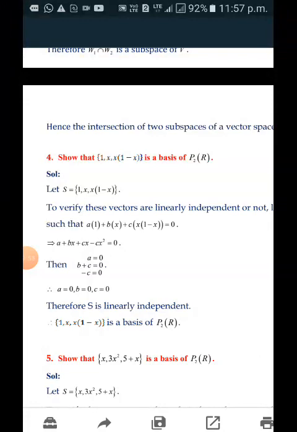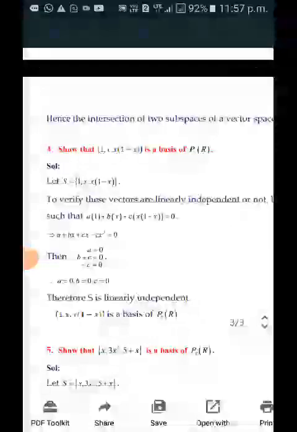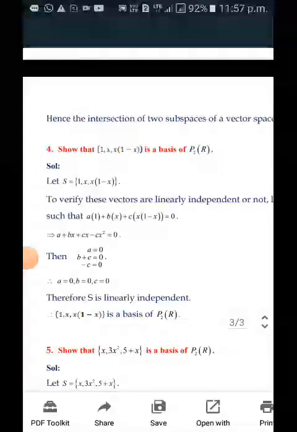Equating the coefficients on both sides, we get a equal to 0, b plus c equal to 0, minus c equal to 0. From these three equations we get that the scalars a, b, c are all 0. By the definition of linear independence, the given set of vectors is linearly independent because the scalars are all 0.